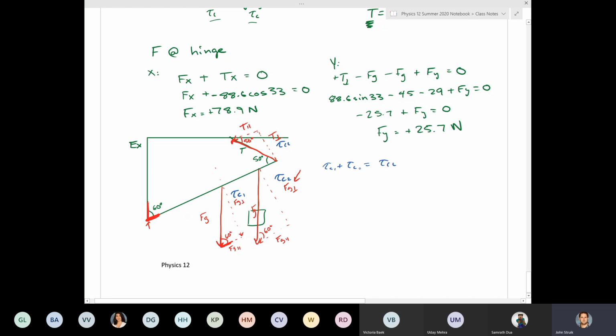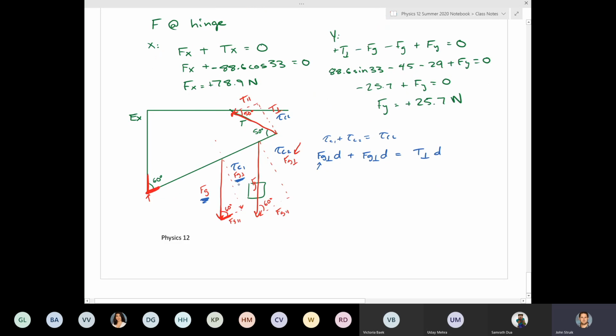So the clockwise torque is going to be this component times D. So it's going to be Fg perpendicular times D plus Fg perpendicular times D equals T perpendicular times D. So it's not the force, it's the component of the force. And then all you have to do is figure out what this is in relation to Fg, because you're going to have the mass or the weight, not the perpendicular. This is your given value, which means you need Fg perpendicular as a function of your given value.